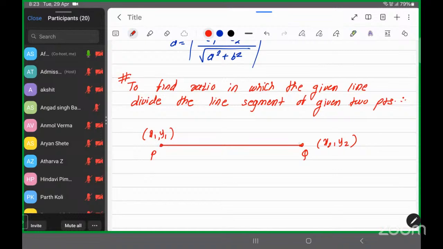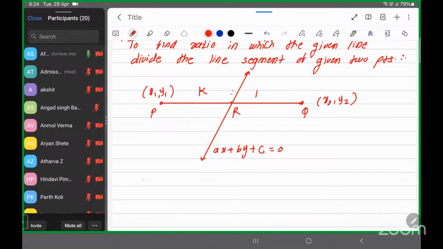Now there is another line which intersects this line segment at a point, say R, and the equation of the line is ax + by + c = 0, and the point R divides P and Q in the ratio k to 1. The line divides the line segment in the ratio k to 1.